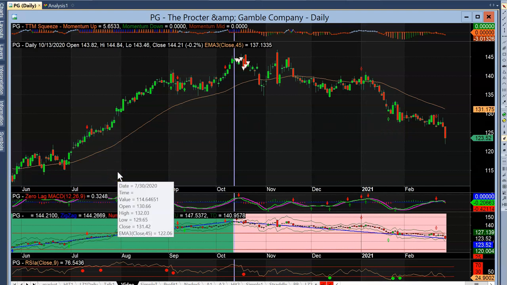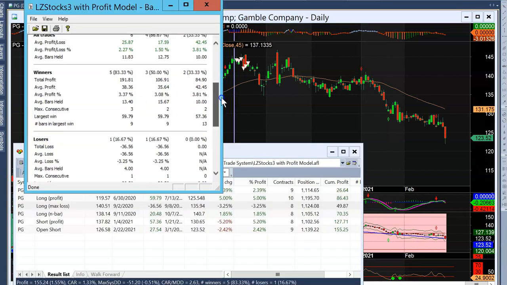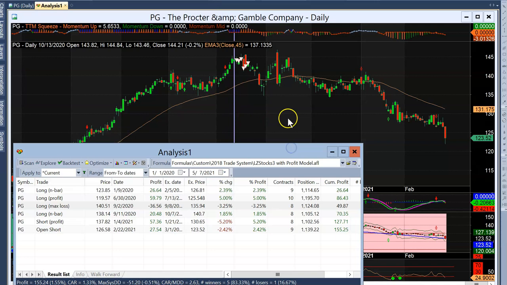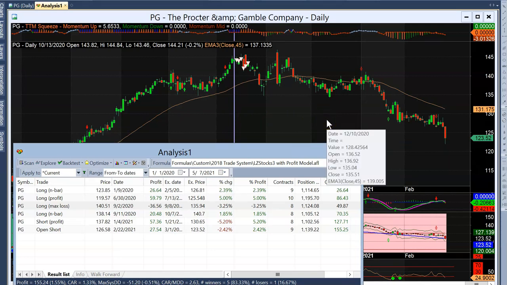So combining both strategies, the MACD strategy and the RSI strategy, produced fairly good results with an 83% win rate. I probably subconsciously chose this one because I know that the industrials work real well with these two indicators.